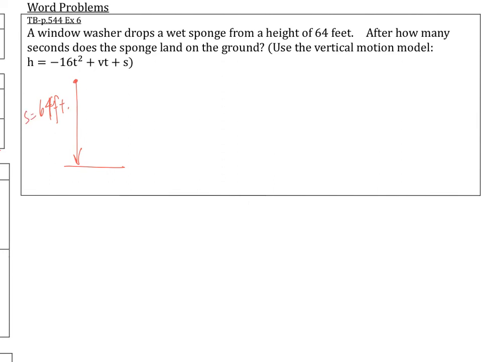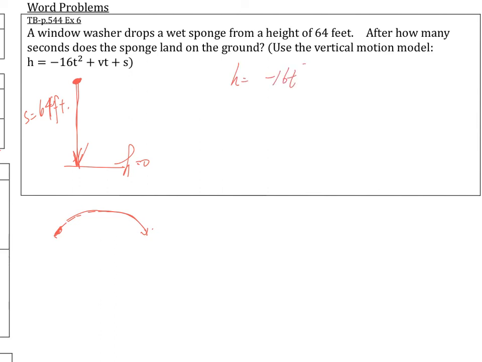And then when the object is dropped to the ground, the height would be 0. And there wouldn't be an initial velocity because the object is being dropped from a high point. The object is not being thrown, versus what we had with the tennis player hitting the ball, which creates a parabolic path.